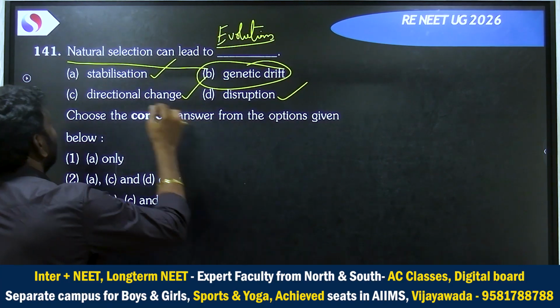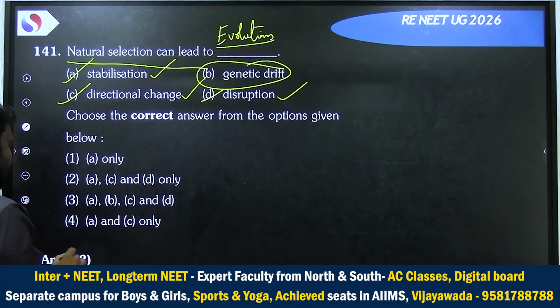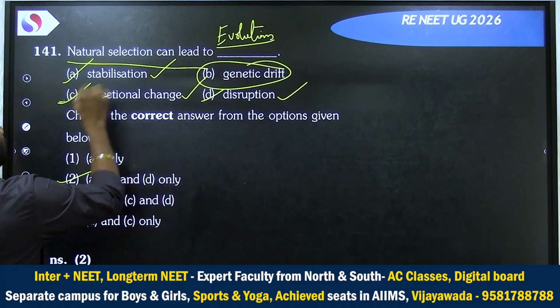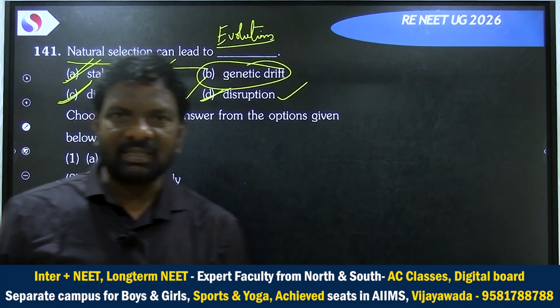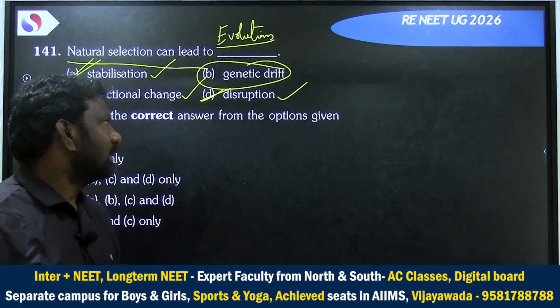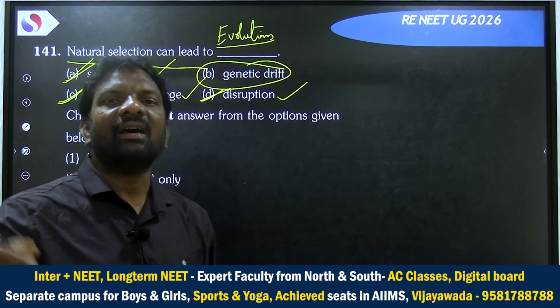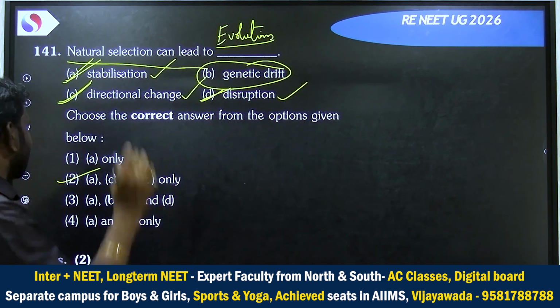Natural selection can lead to A, C, D, these three, so the right answer is the second option. Genetic drift is related to disturbances creating a Hardy-Weinberg equilibrium change. That is the point about genetic drift.